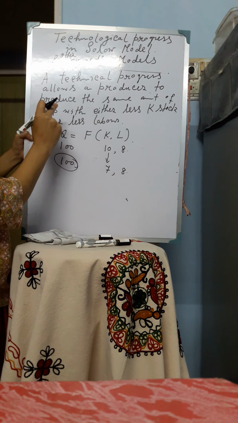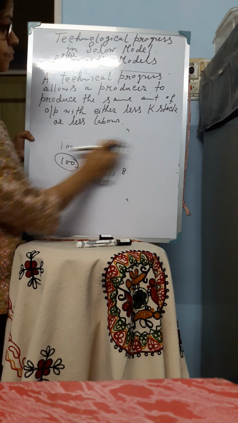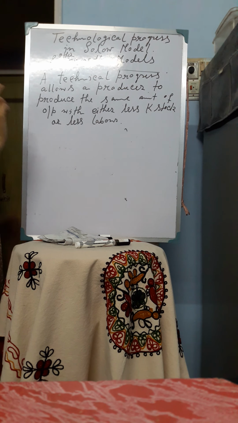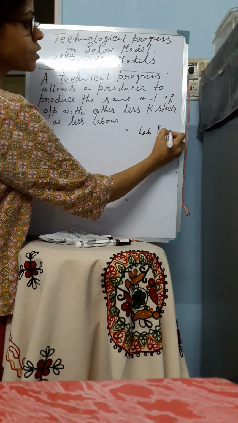Now technological progress can be labor saving, technological progress can be capital saving also. So if the producer can produce the same amount of output with the less amount of labor, then that technological progress is called the labor saving technological progress.